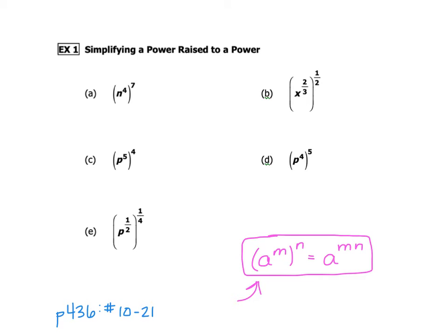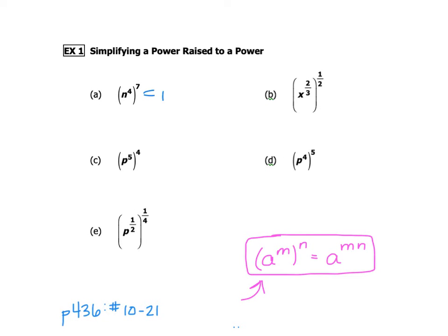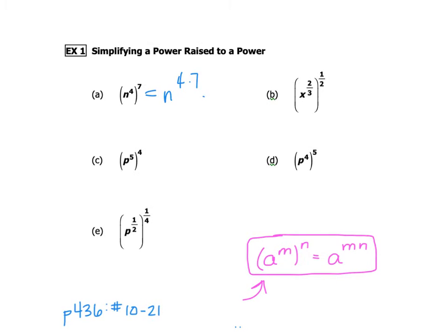So go up to A. We have n to the fourth raised to the 7th power, and this is going to equal n to the 4 times 7 power, which gives us n to the 28th power. If we go to example B, it has fractions as exponent, but it still works the same way.